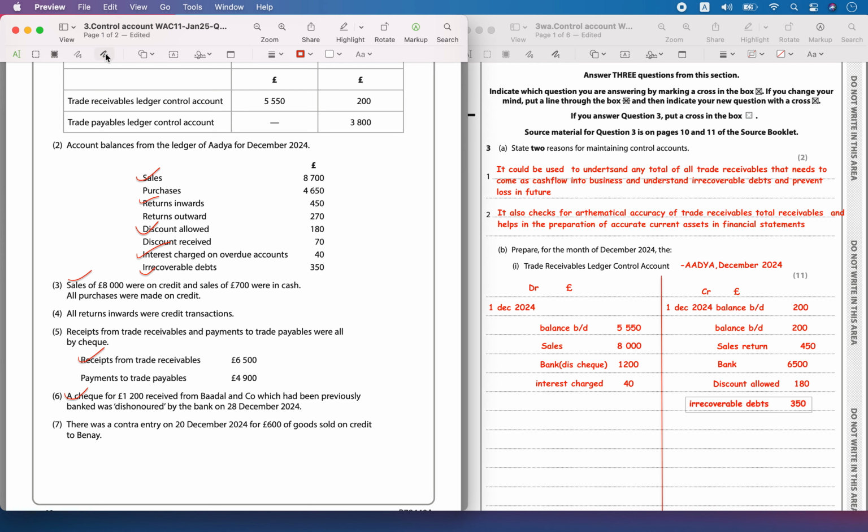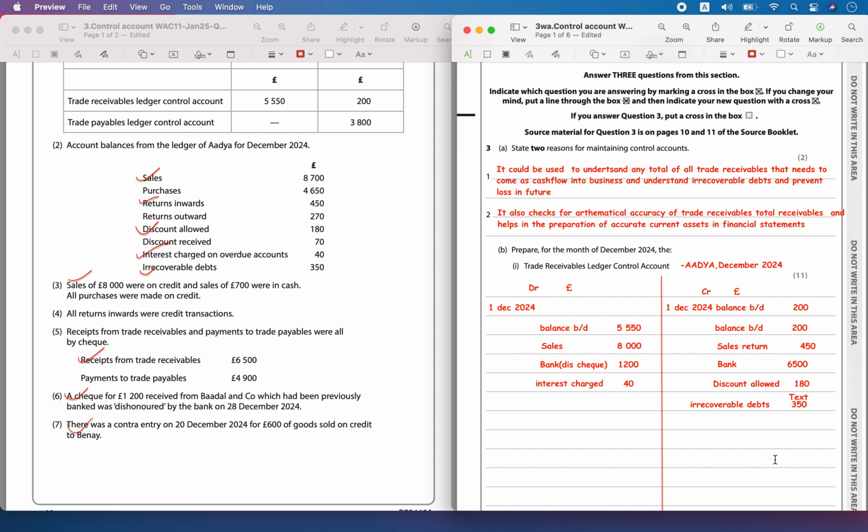And then there was a contra entry. Let's write that, 600. Now let's again check. There was a balance brought down on both the sides.